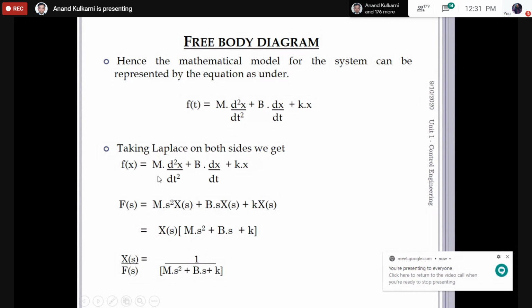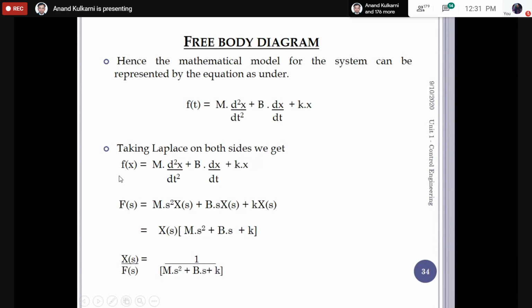See here, linear means, first of all, it can be any order differential equation. Here you can see x is the dependent variable and t is time.